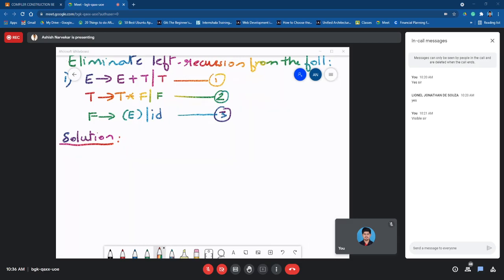Of course, not to solve this, but at least to tell me whether you all can figure out which of the three productions contain left recursion. Can someone tell me which of these productions contain left recursion? Yes. Okay. So Savita said that there are two productions, that is first and second, which contain left recursion.